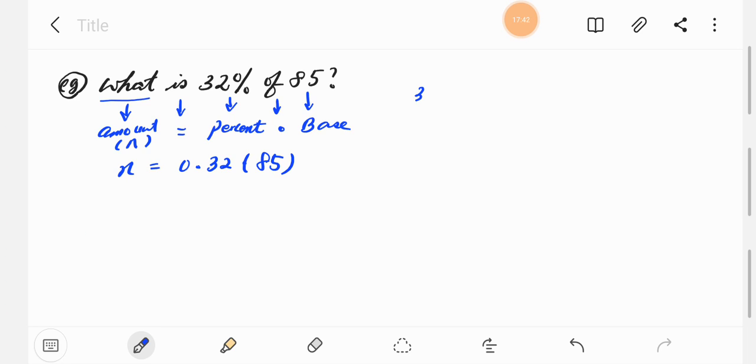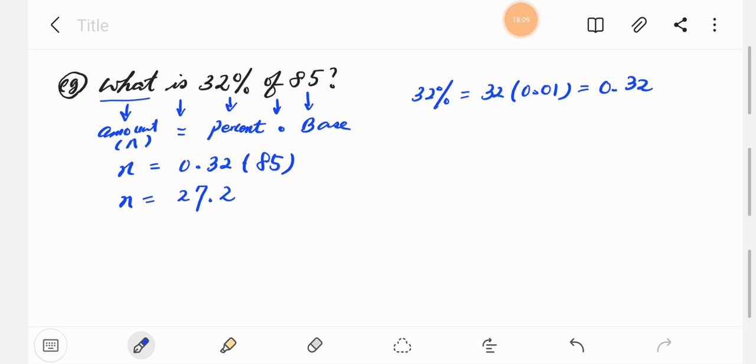So 32% is equal to 32 times 0.01, which is 0.32. So n equals, multiply these two numbers, and that becomes 27.2.